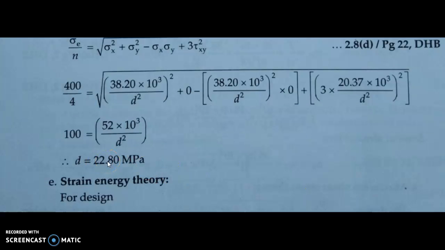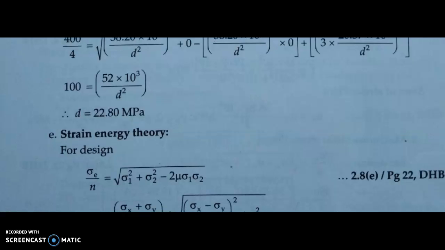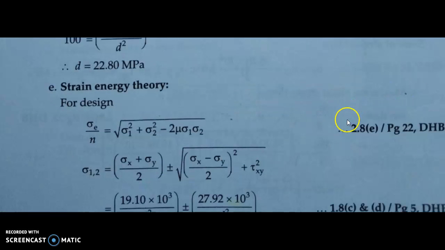Then the last theory, strain energy theory. Here also we need the value of mu. In our data book, page number 22, equation number 2.8e, strain energy theory is explained: sigma E by N is equal to root of sigma 1 square plus sigma 2 square minus 2 mu sigma 1 sigma 2.